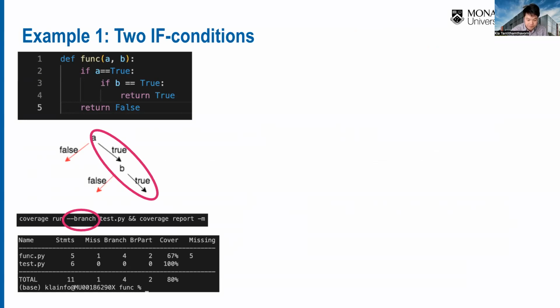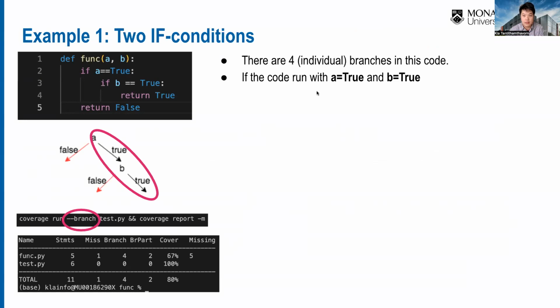All right. Okay. Let's take a look at this code. I created this example to illustrate the importance of branch coverage, what it is, and how to measure it. So let's say if A is true and B is true, it returns true, otherwise false.